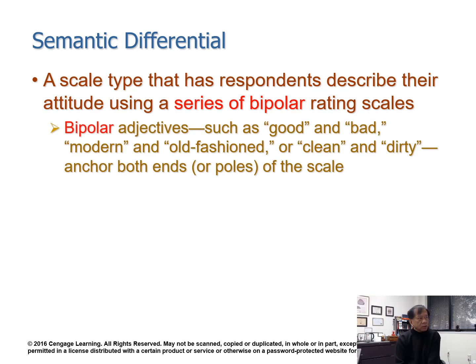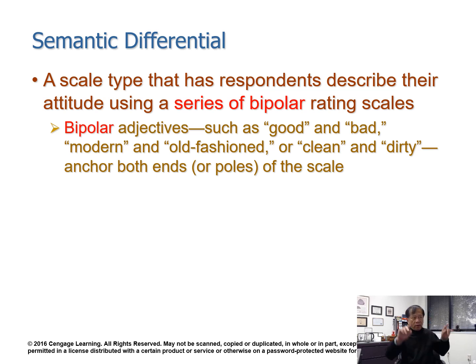Semantic differential scales. That's a scale type that has respondents describe their attitude using a series of bipolar rating scales. What's a bipolar adjective? Such as good and bad, modern and old-fashioned, clean and dirty. They anchor both ends of the scale.